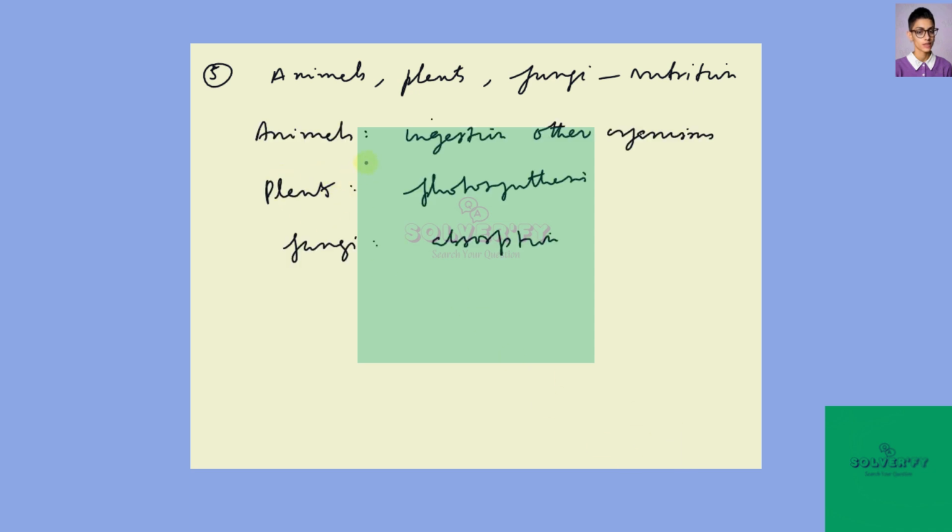Animals obtain their nutrition by ingesting other organisms, which include animals as well as plants, while plants obtain their nutrition by the process of photosynthesis, in which they convert sunlight, carbon dioxide, and water into glucose and oxygen. In the case of fungi, they obtain their nutrition through absorption: they secrete enzymes that break down organic matter in their environment and then absorb the nutrients released from that organic matter.